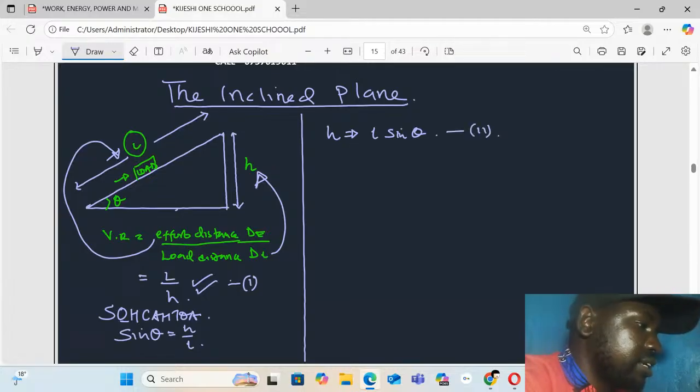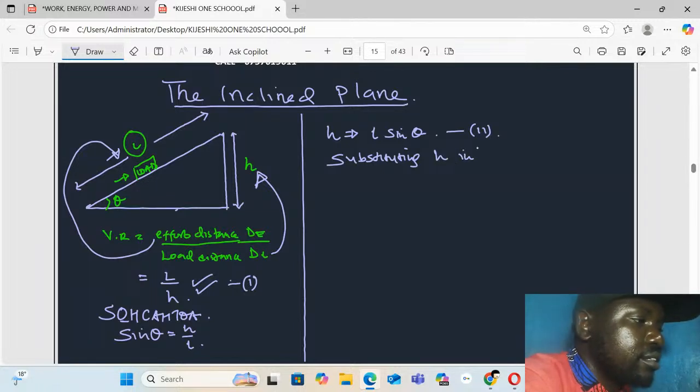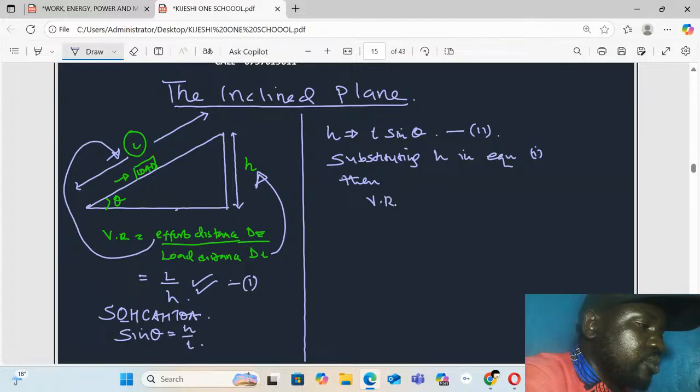Now, we have to substitute our H here in the first equation. So substituting H in equation 1, then VR will be the same as L over L sin theta.